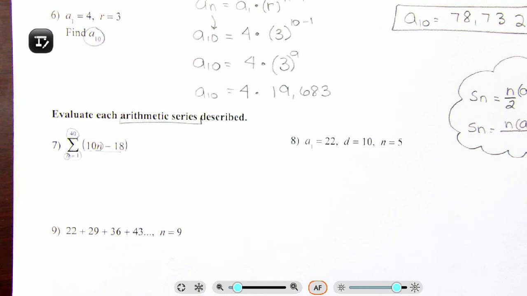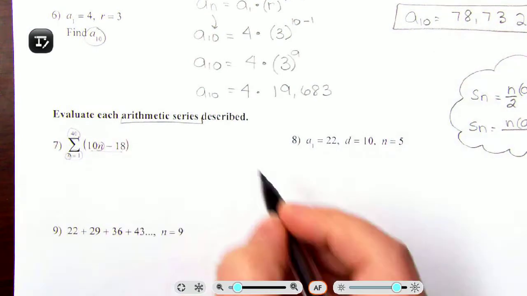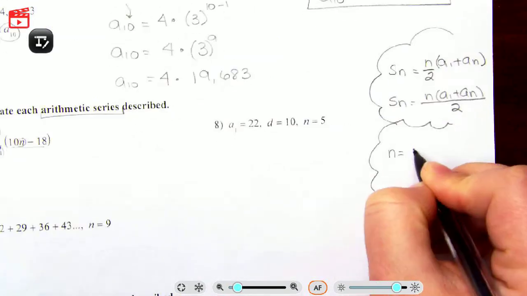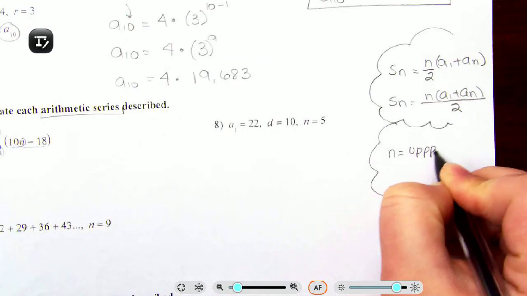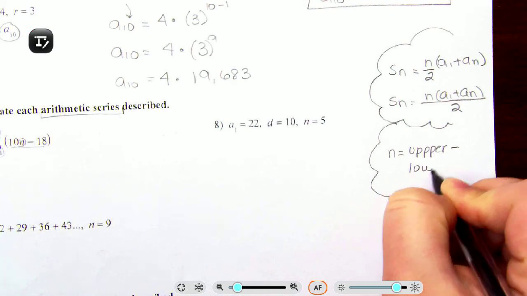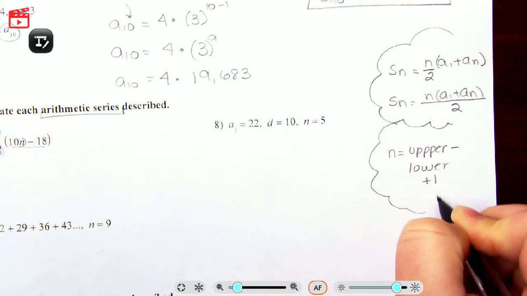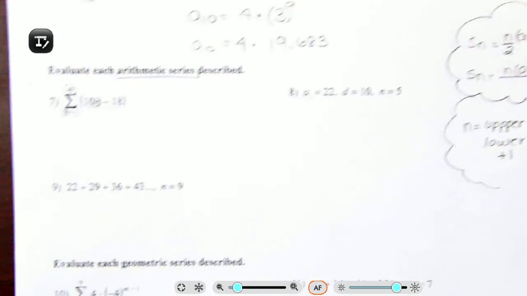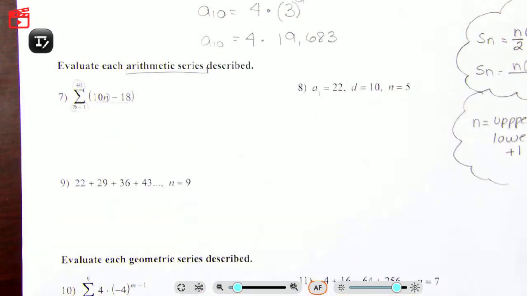It is not the quantity of terms. To find the quantity of terms, you take your upper limit minus your lower, then you add 1 to it. That's how you find your n, or the quantity of terms, when you're doing the summation.